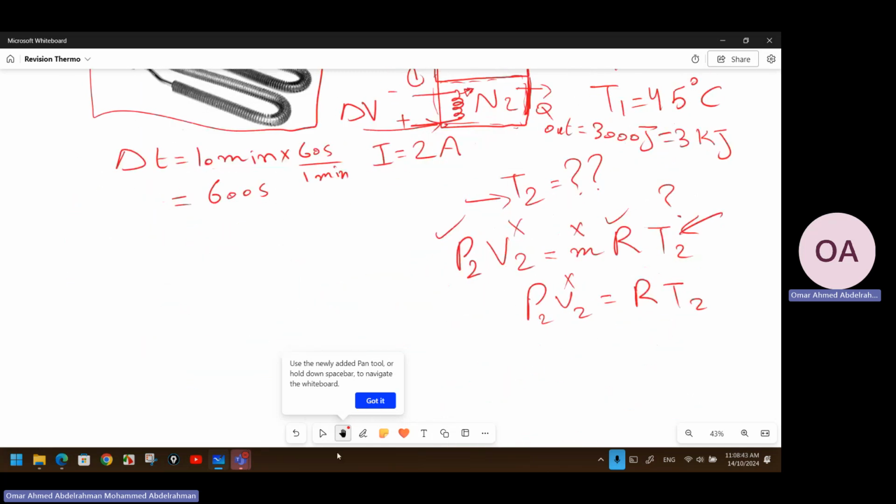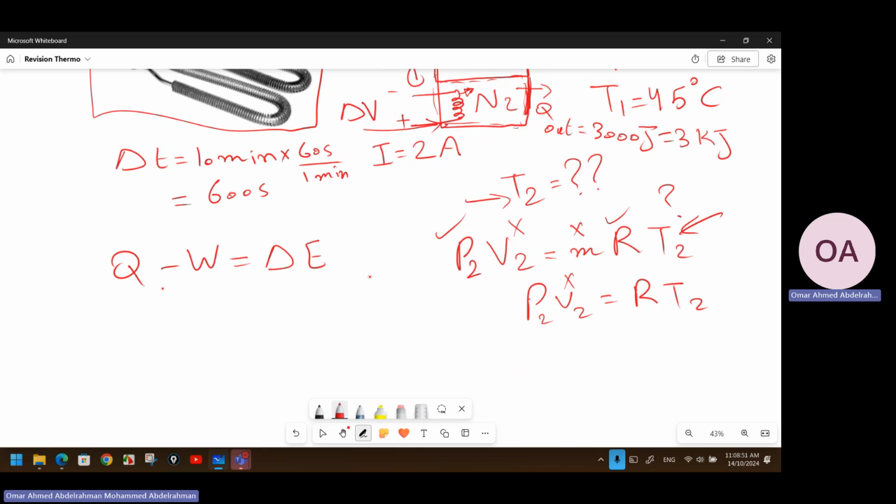Okay? So the energy balance, the usual equation that you usually see is Q minus W equal to delta E. I don't like this equation because they make the assumption that Q in is positive and work out is positive, and Q out is negative, and work in is negative. So sometimes it is confusing.